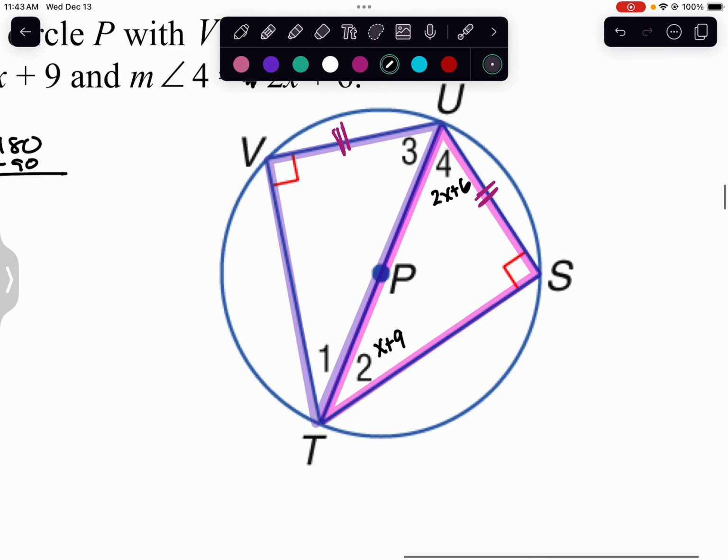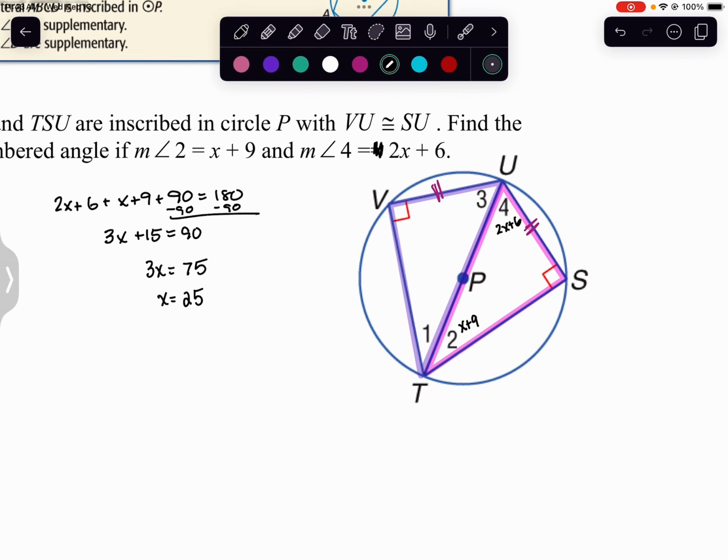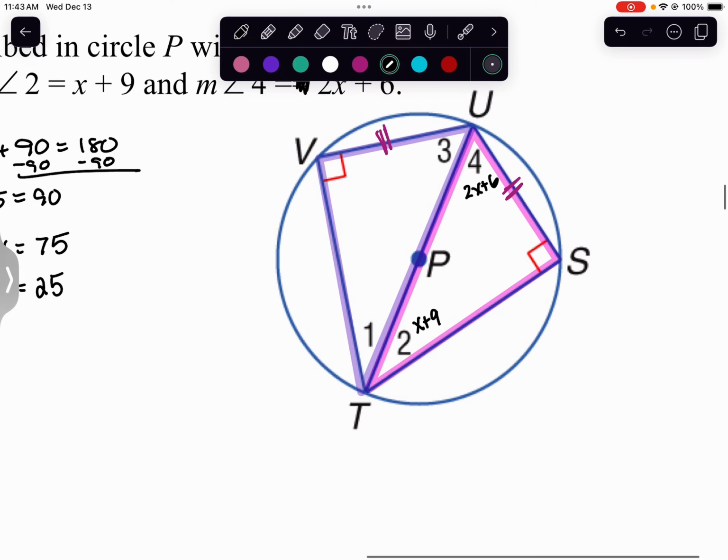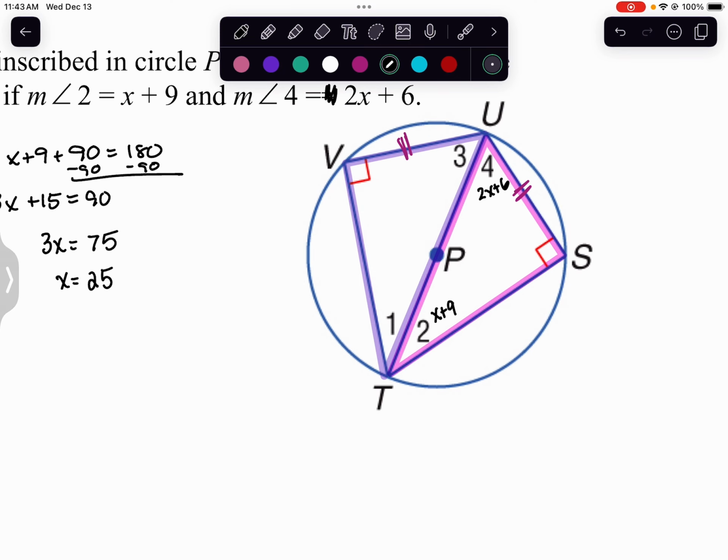One thing we know about these 2 triangles is that they are congruent. So if I find angles 2 and 4, that means 1 and 2 are the same, and 3 and 4 are the same. So let's plug that in. For angle 1, which is equal to angle 2, that is equal to 25 plus 9, which is 34.